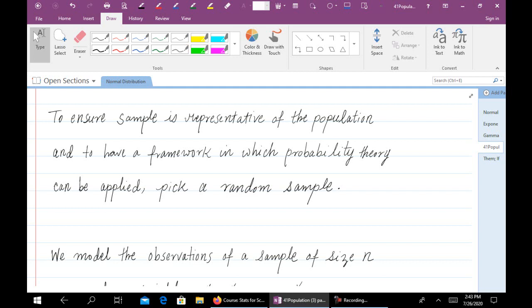It should be done in a random fashion. If you don't pick a random sample, then there would be inherent bias in your sample.